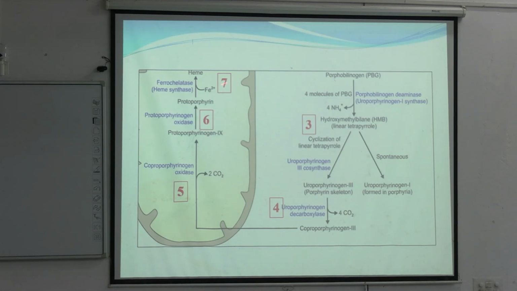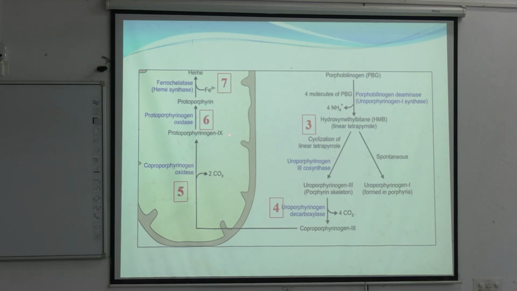So the remaining steps, that is conversion of PBG to HMB to UPG3 to CPG3, all these steps take place in cytoplasm. Then CPG3 gets into the mitochondria and it is converted into protoporphyrinogen.